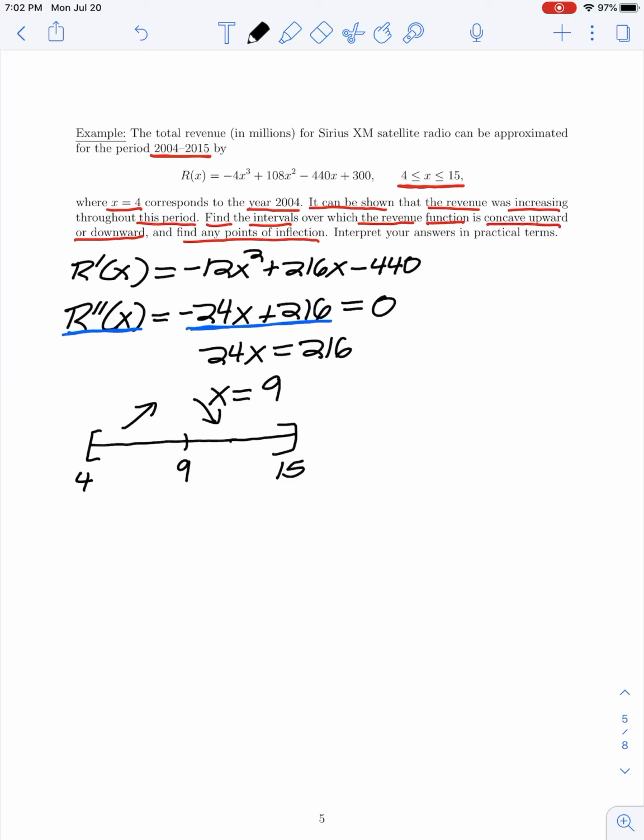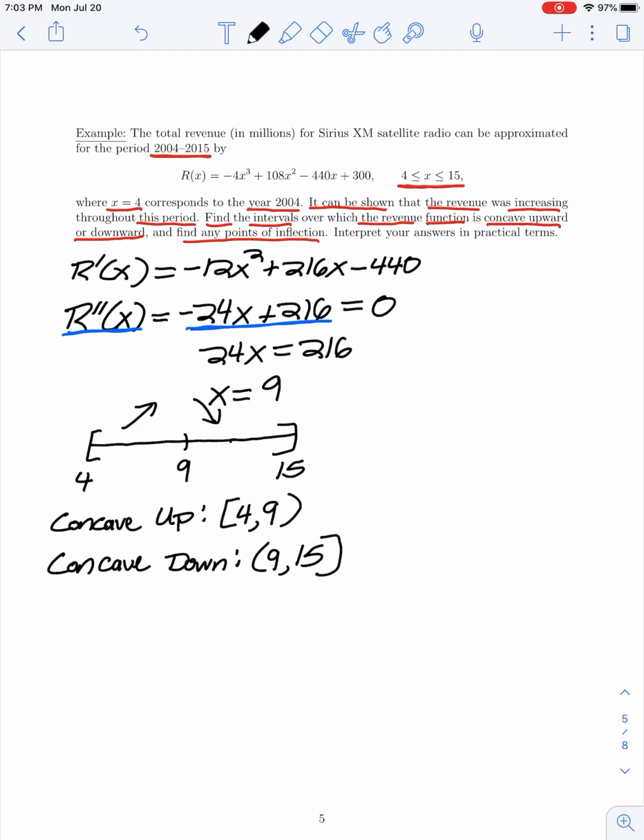So based off of our work so far, we can say that this function, which represents revenue, would be concave upward on the interval from 4 to 9, and concave downward on the interval from 9 to 15. We were also asked for points of inflection.